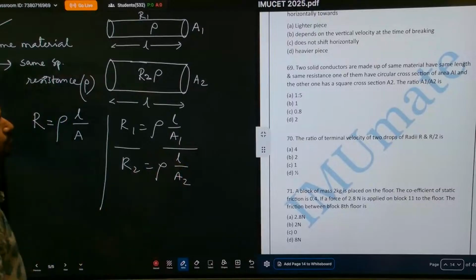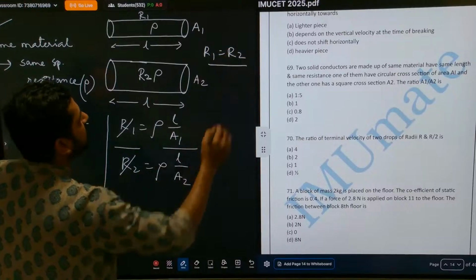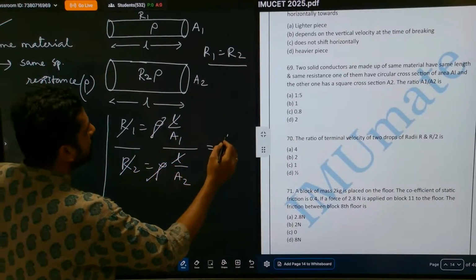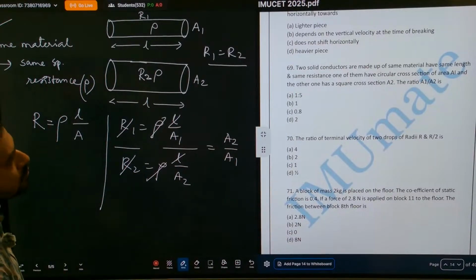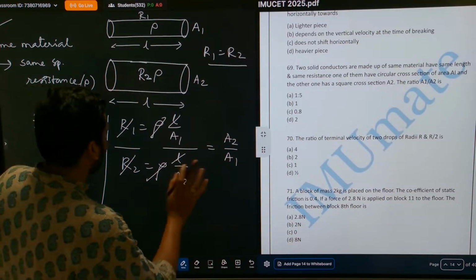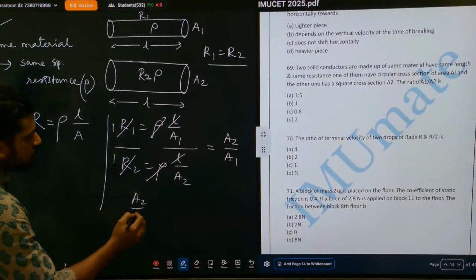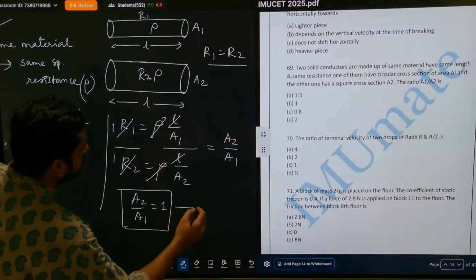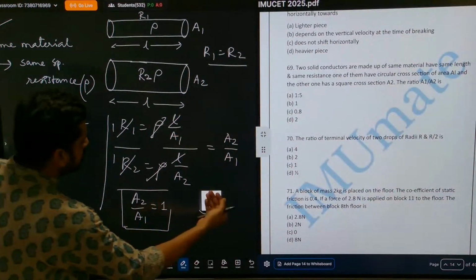What do you get? R1 equals R2. First of all, they have already supplied this: resistance is the same, material is the same, length is also the same. What? A2 by A1. This is 1:1. So A2 by A1 comes, option B. Left hand side or A1 by A2, it doesn't matter.